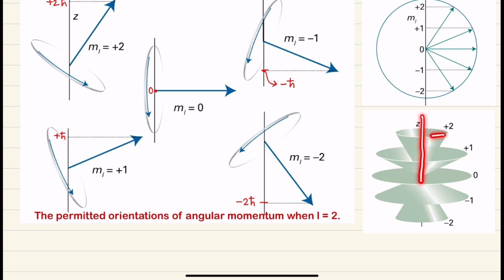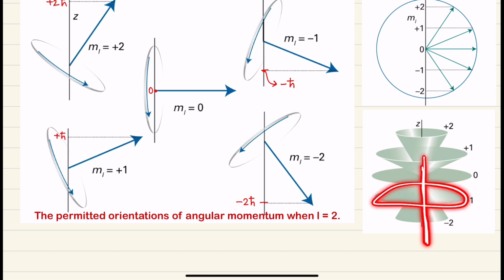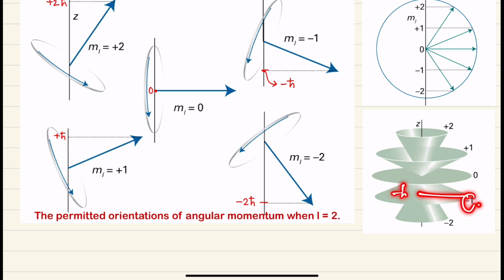So for this cone, we have here plus 2 h cut, and for this cone we have a projection on the z axis, this value is plus 1 h cut, and for this cone it is 0 here, and for this cone we have a projection of this ml value, we get here minus 1 h cut, and for this cone we have this projection, this distance on Lz, that is minus 2 h cut, right? So this is called the vector model, right?